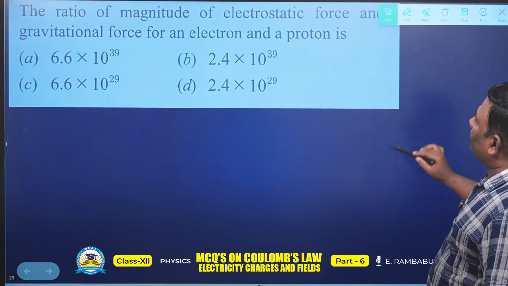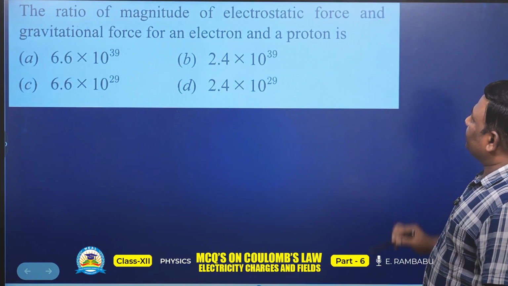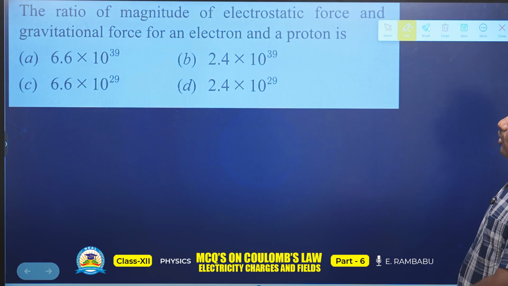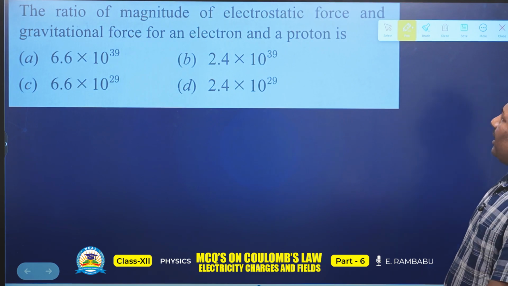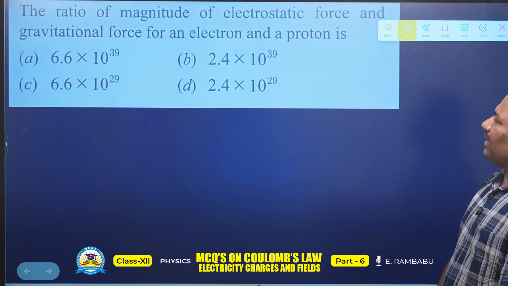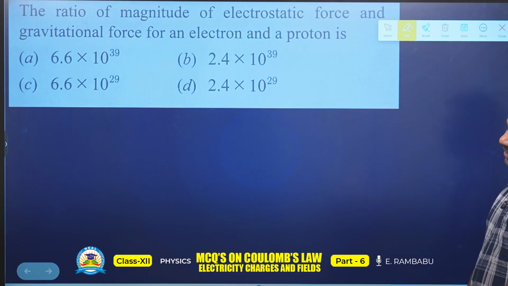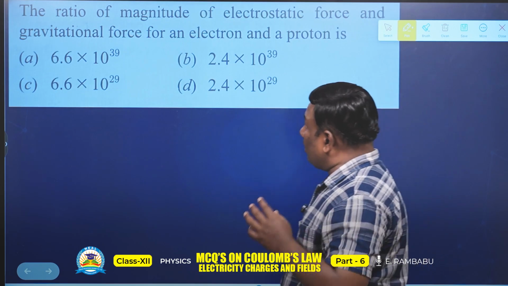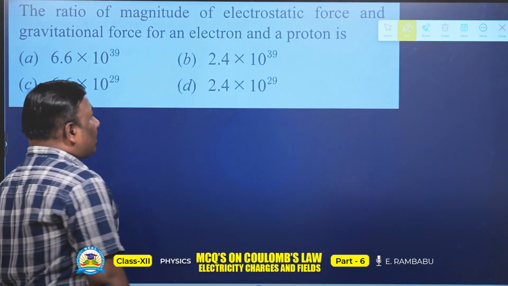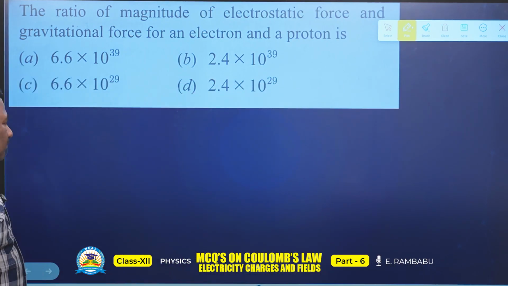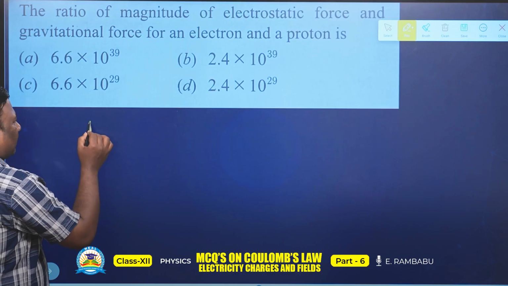Another important one. The ratio of the magnitude of electrostatic force and gravitational force for an electron and proton is. We are going to take the ratio of the magnitude of electrostatic force and gravitational force. First, electrostatic force can be written.